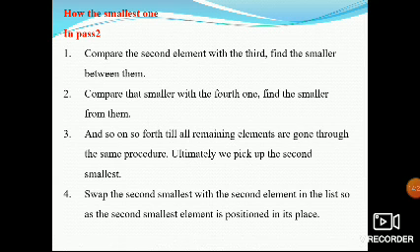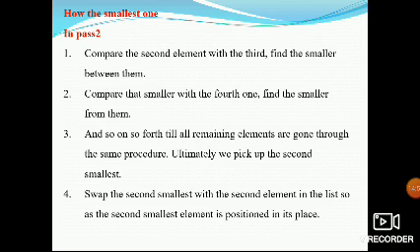Okay, in pass 1 we got the smallest element. So like that we have to go for the next pass. Compare the second element with the third, because the first element we don't need, we placed it in the proper position. Now second and third we have to compare and find the smallest between them.